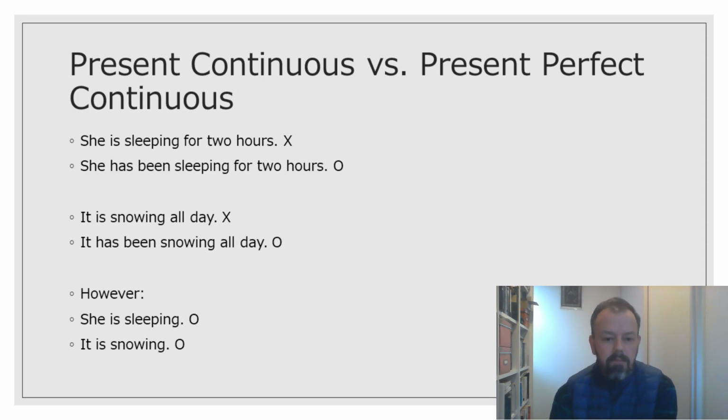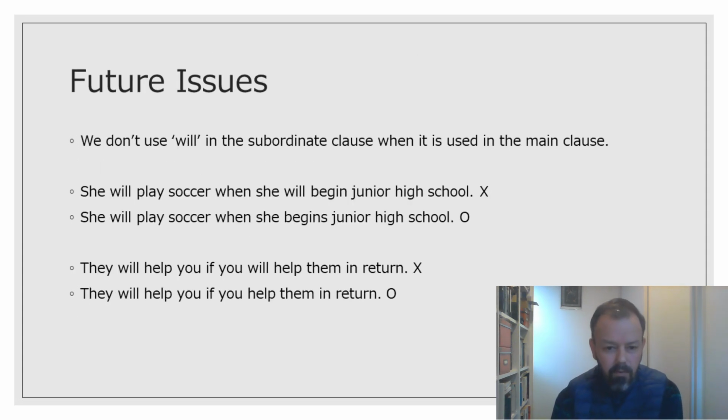Next, we'll look at issues with future tenses, and in particular with will. There are usually two clauses in a sentence. The clauses are the parts that make up a whole sentence.